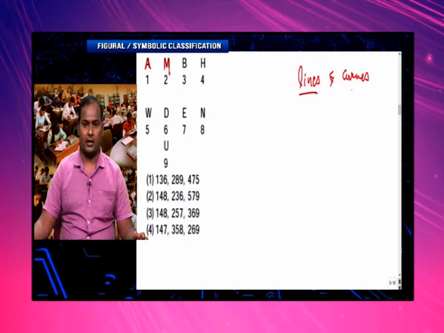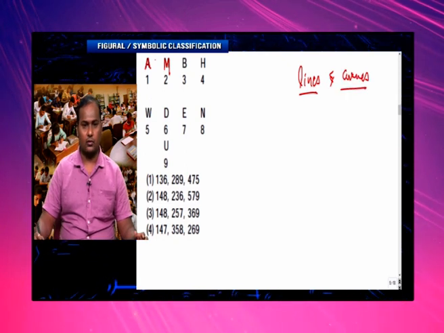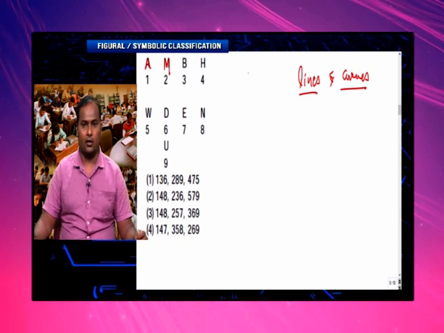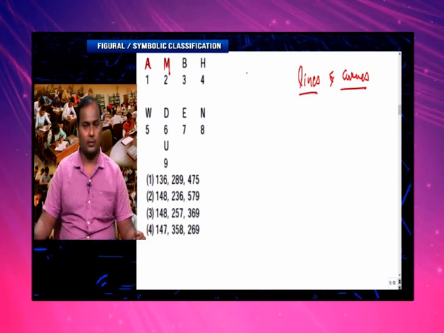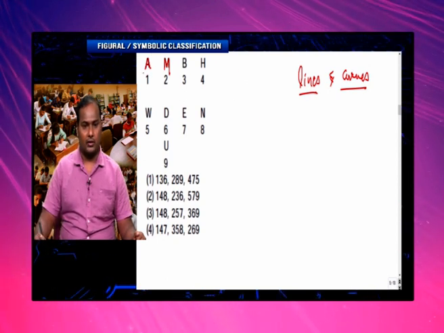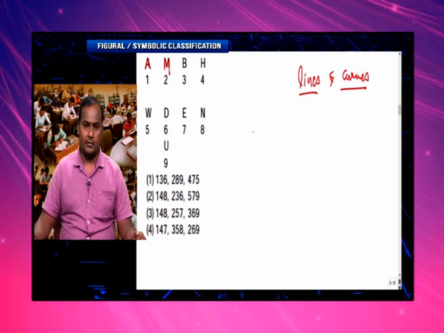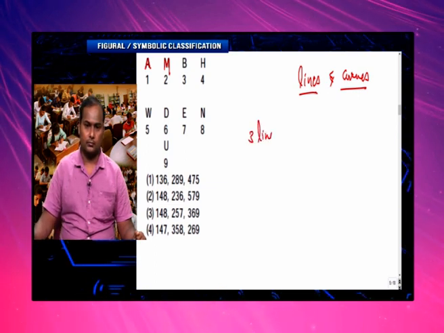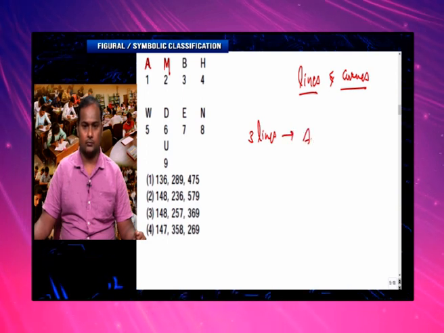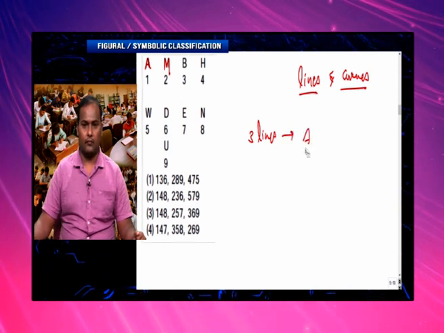So based upon the characters of lines and curves, this question is grouped. So let's check how many lines and how many curves are there in this question. If you see, A is formed with how many lines? 3 lines. So A, that is figure 1, has 3 lines.